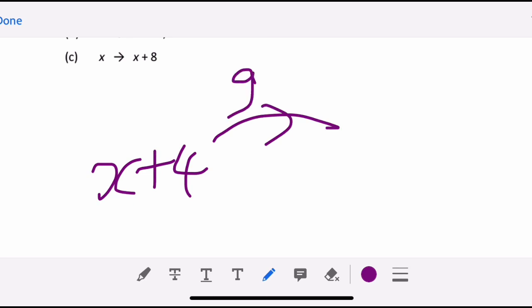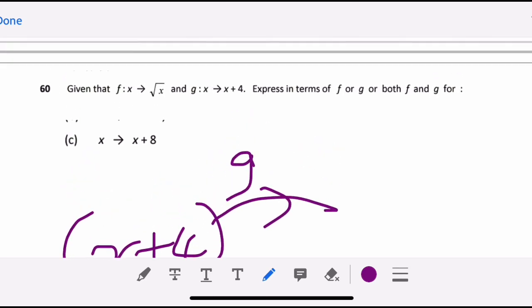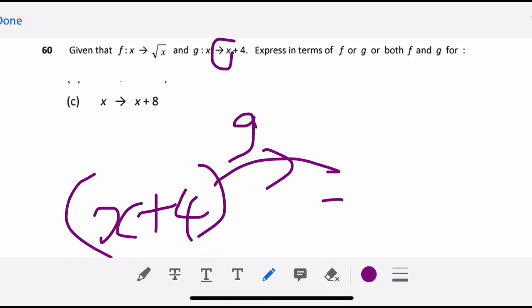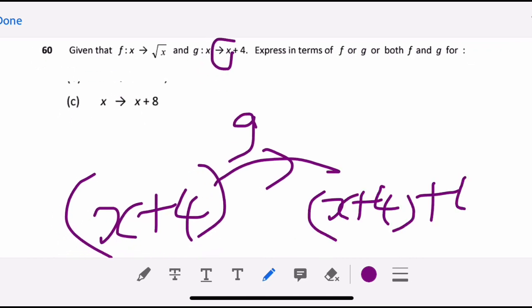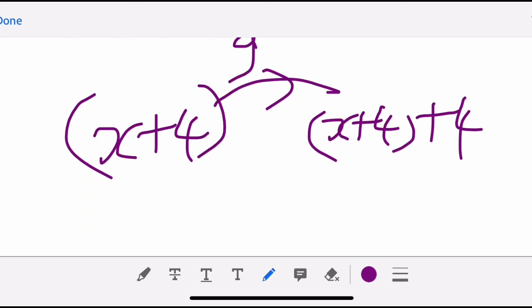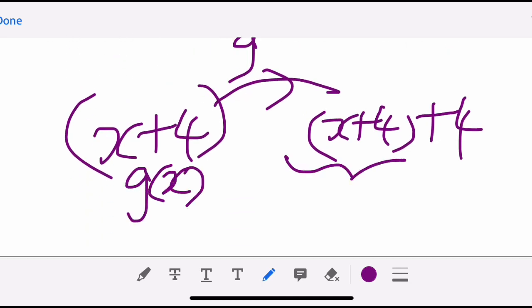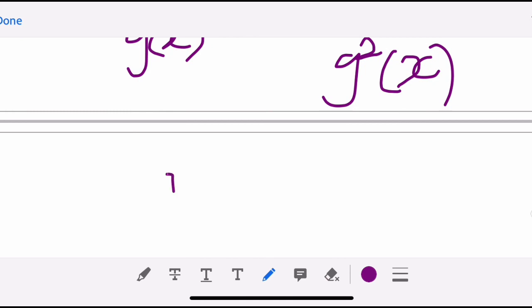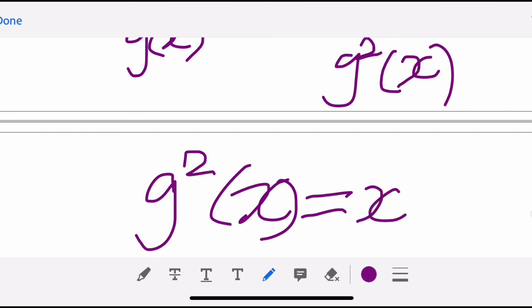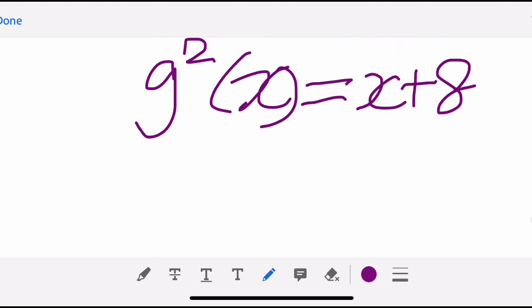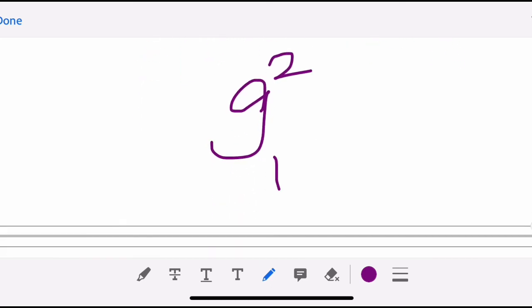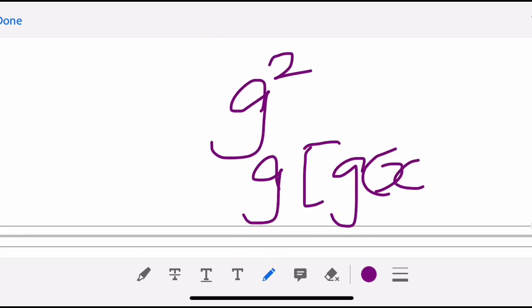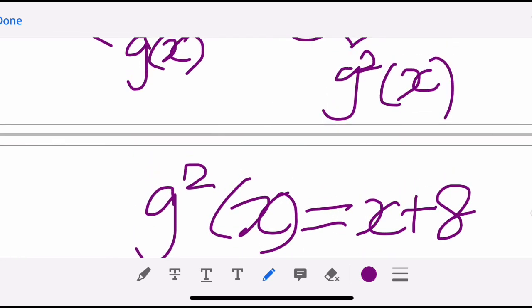The g will bring this object g(x), which is x plus 4, and then plus 4 again. So this is g(x), and this thing is g(x). We don't read as square, in fact we just read as g2. You can write g2, no problem. Okay, you can write g2(x) equal to x plus 8, or answer g2, or you can write g(g(x)), will do.